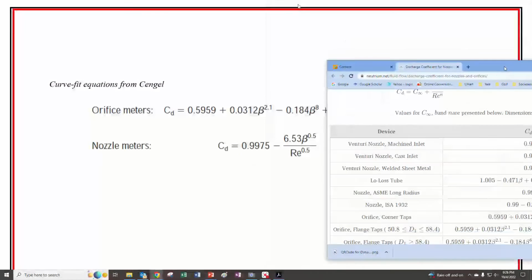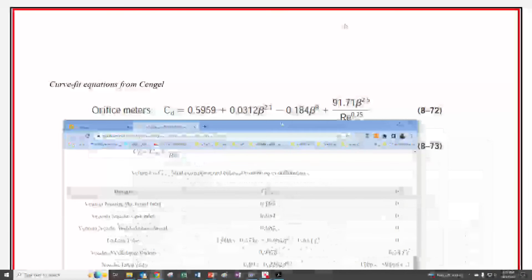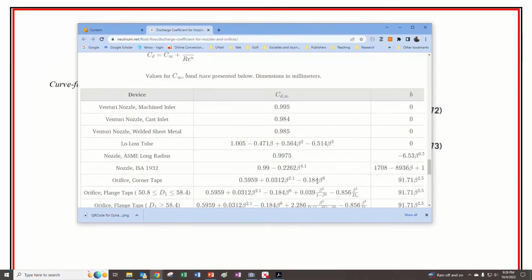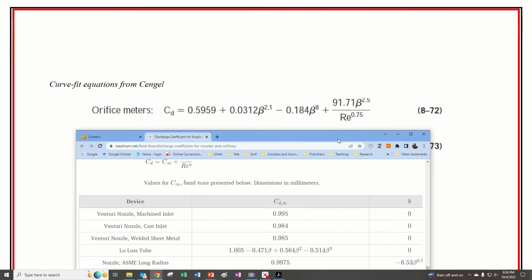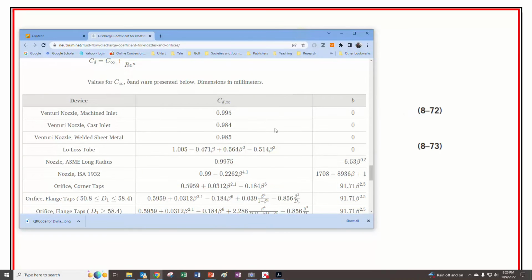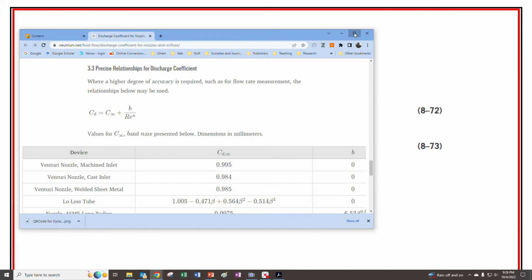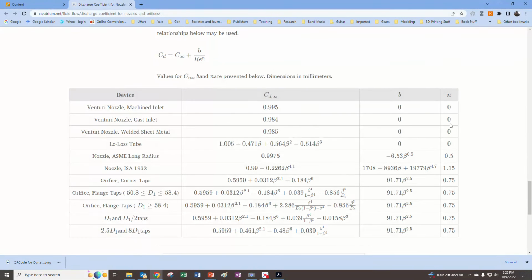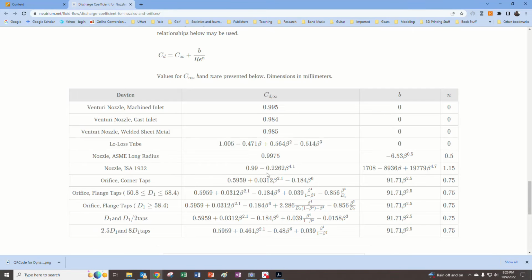That's 0.312 to 2.1. Yeah, and there you go, 0.184, 0.184 to the 6. And then you can also see there's the 91.71, 91.71 over here, and that's the beta to the 2.5. And if you look up above, they have the Reynolds number raised to the n, and here's the n, right? So this has some other stuff on there, but you can see that they match up with this orifice at the corner taps.